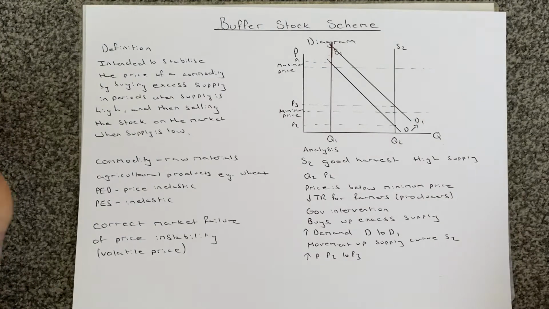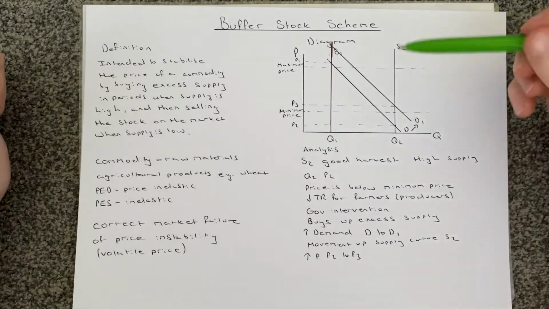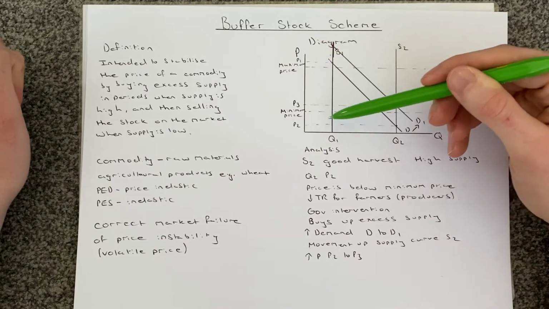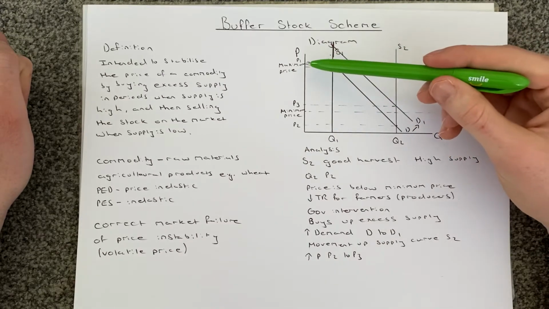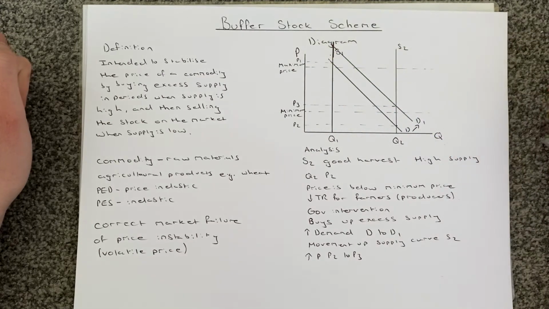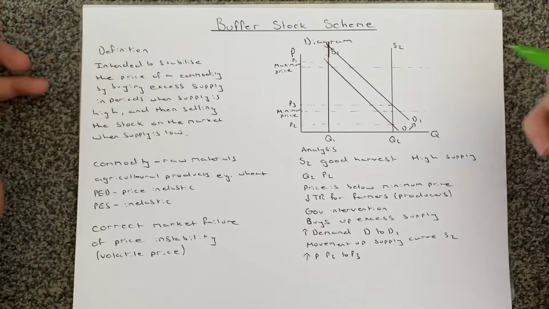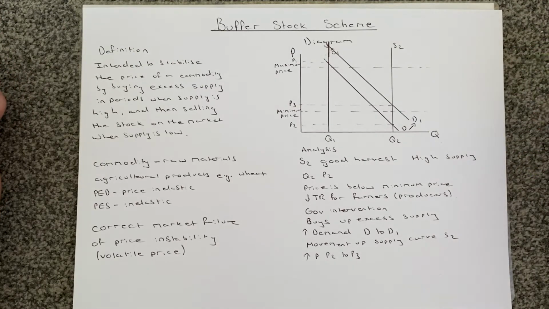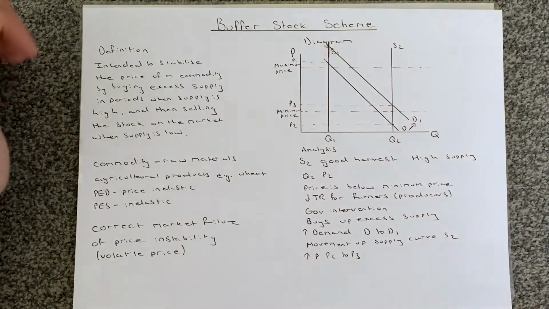What does that mean for the price now? Well, that means the price is now within the upper and lower bound, i.e. it's between the maximum price and the minimum price. That is a result that we wanted to achieve because we're looking to maintain the price within those limits in order to ensure price stability.